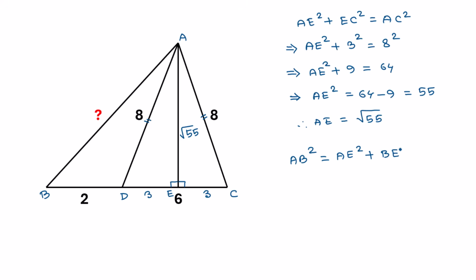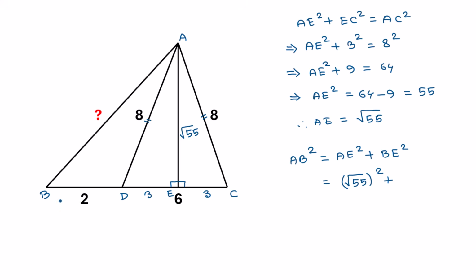AE is square root of 55. So substitute this value, square root of 55 and this square, plus BE.